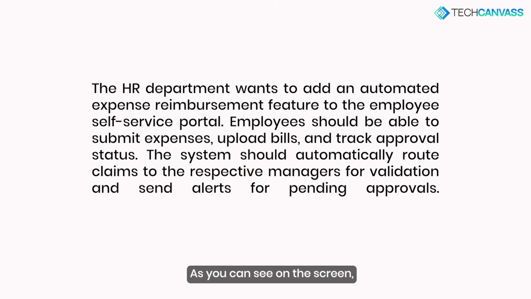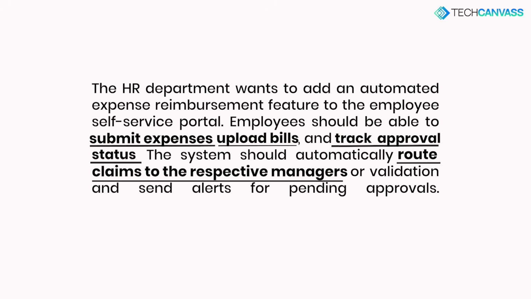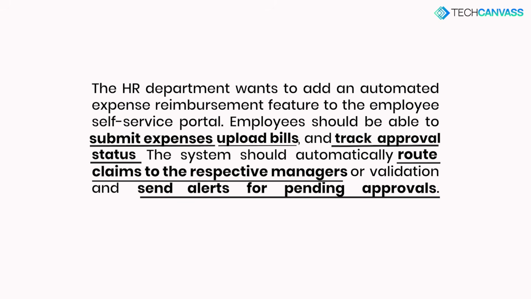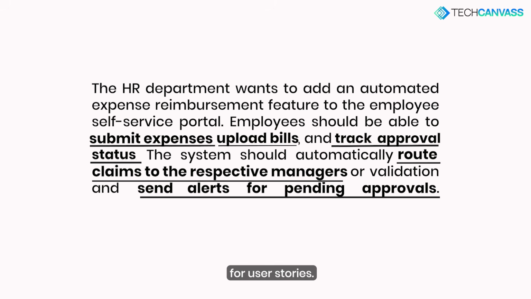As you can see on the screen, the texts which are likely candidates for user stories are now in bold. These are submit expenses, upload bills, track approval status, route claims to the respective managers, and send alerts for pending approvals. These are quite obviously the candidates for user stories.